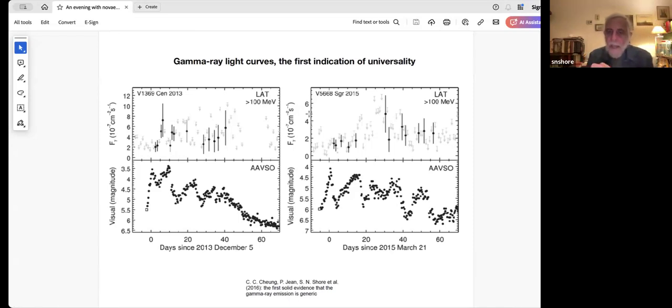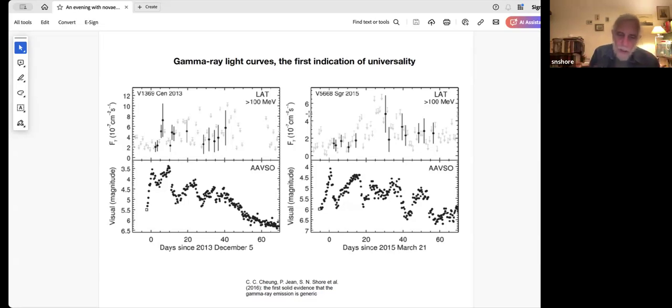In this case, it's an indication of non-thermal processes, of some kind of acceleration mechanism that is accelerating electrons to gigavolt or higher energies, which is not that unusual, and accelerating protons also to relativistic energies.